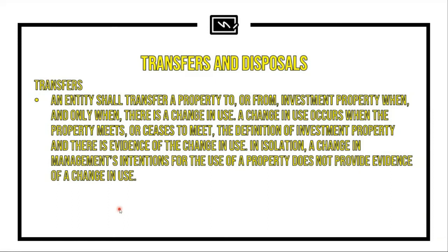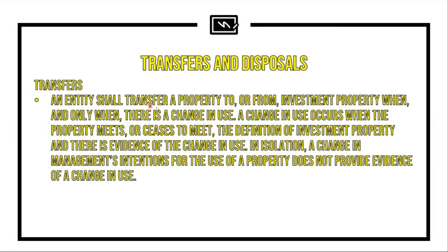So when you talk about transfers, it pertains to transfers into investment property or out of investment property. And just like what we said a while ago, transfers out of investment property could either be transfers from investment property to inventory or transfers from investment property to PPE. So what does the standard say?